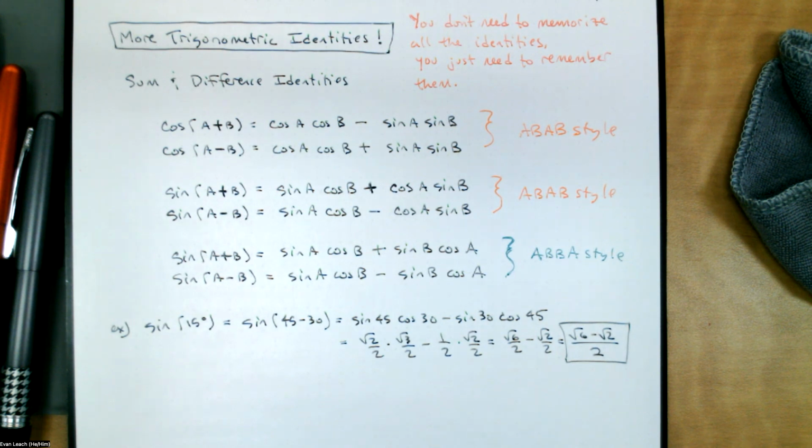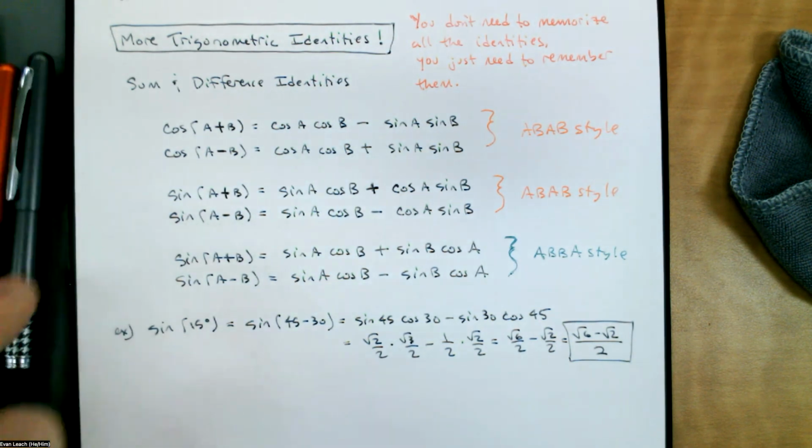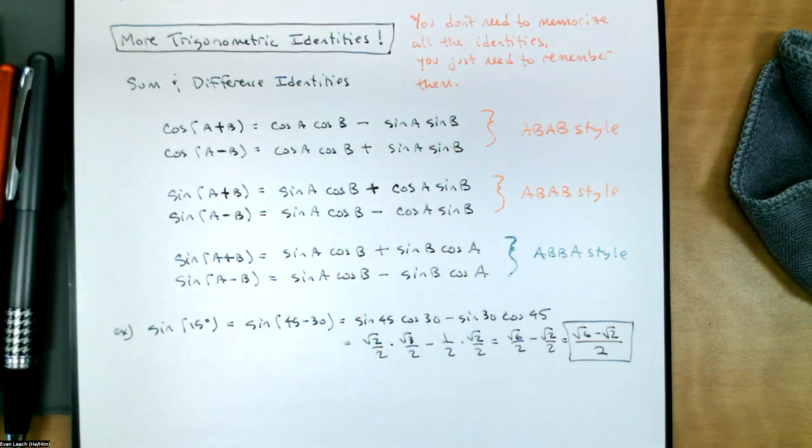No, we can't. Exponents, the square root of 6 and the square root of 2, those are both exponents of 1/2, and exponents do not distribute over sums. Oh, because I got a square root of 2 times the square root of 3. Exponents do distribute over products. So square root of 2 times the square root of 3, we can write as the square root of 6.